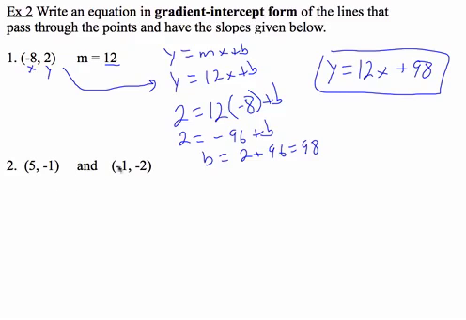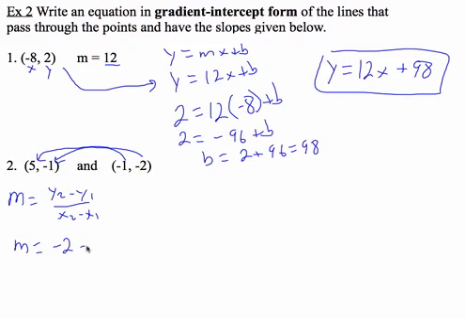The second equation, we're just given a pair of points, so we can find our slope first by doing y2 minus y1 out of x2 minus x1. Right, so I'm going to do this y minus this y over here, and then you have to do the same thing with the x's, go in the same direction. So the gradient is equal to, we do negative 2, now be very careful, this is where people go wrong, is negative 2 minus a negative 1.